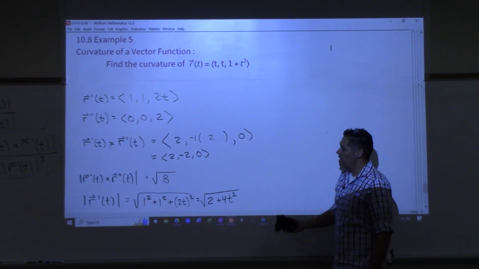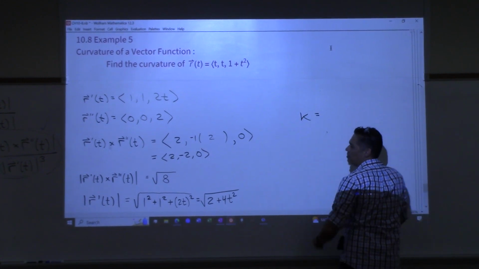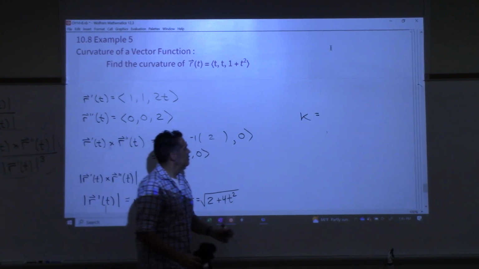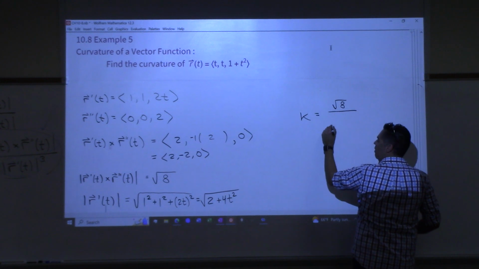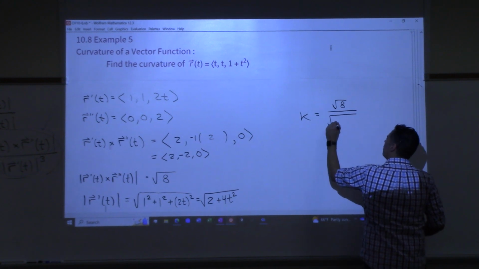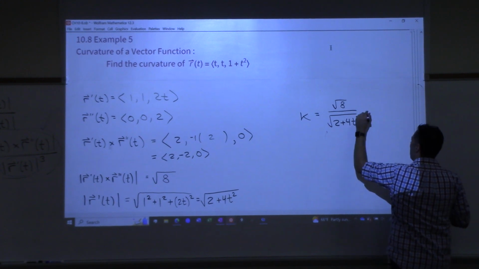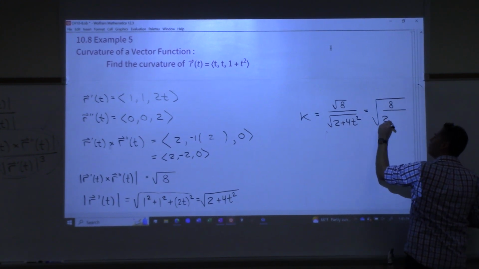And now I'm going to just take my formula. Curvature is equal to the magnitude of the cross product, which we found to be the square root of 8, over the square root of 2 plus 4t squared. You could leave it like that. You could put it all into one root if you want, because that's a property of radicals, right?